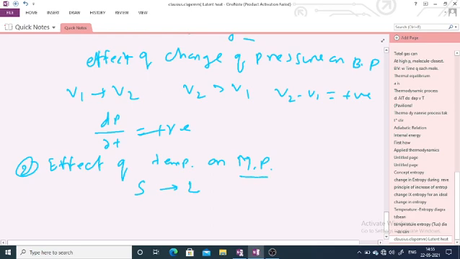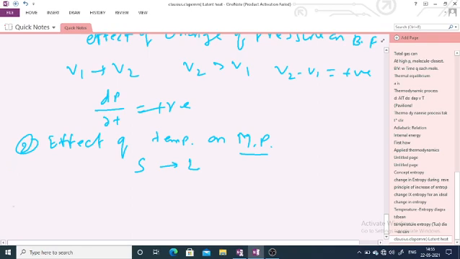So there are two possibilities. First, if the solid substance melts to liquid and the volume increases from V1 to V2, then V2 minus V1 is once again positive.